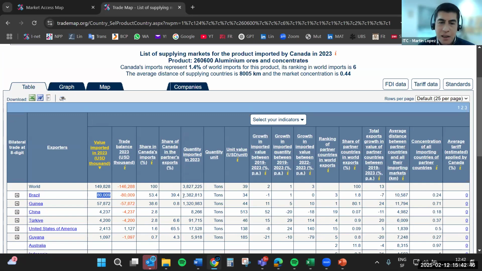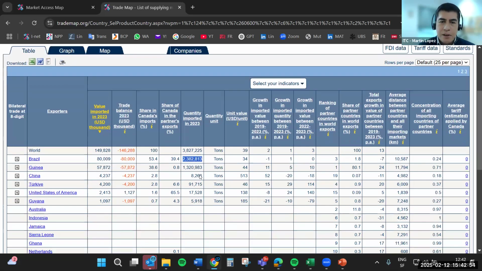Now, here we start talking about quantities, and you don't have to add 3 zeros there. Just take the figures as you see them. In this case, I am learning that Brazil exported 2,300,000 tons of that product to Canada.